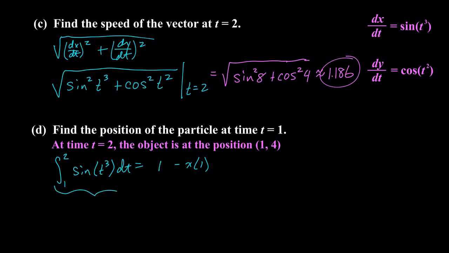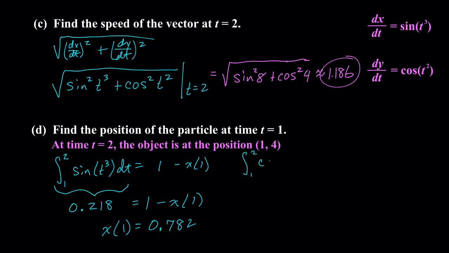We can evaluate this on a calculator. That's a calculator question. You get 0.218 equals 1 minus x of 1, which means x of 1 would equal 0.782. We can do a similar thing with the y component: the integral from 1 to 2 of dy/dt, which is cosine of t squared, and that's your integral of y prime, which equals y of 2 minus y of 1.